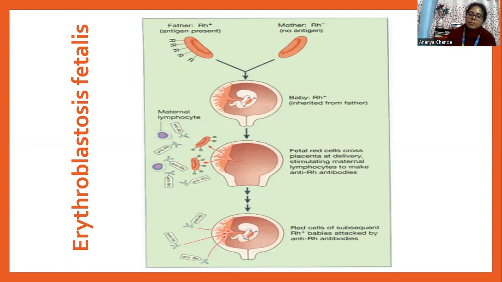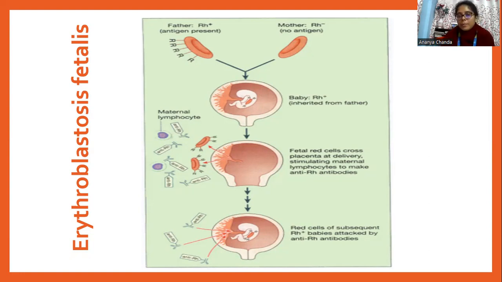The second child is also carrying the positive blood group from the father, and as the mother already has the antibody for Rh positive from the previous pregnancy, it will accumulate more antibodies for the Rh positive antigen, and that will attack the baby and cause fetal damage by clumping of red blood cells.